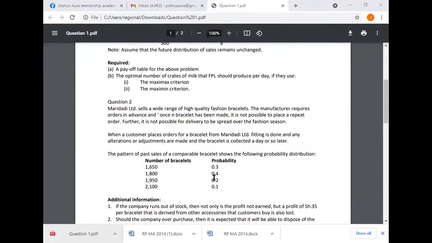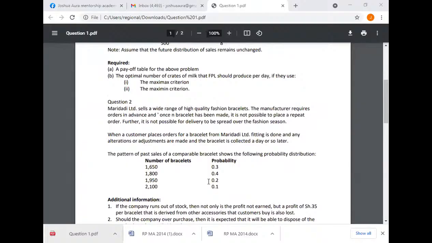These are the probabilities. I need to come and fix the probabilities on the demand. So we have here 0.3, 0.4, 0.2, 0.1.